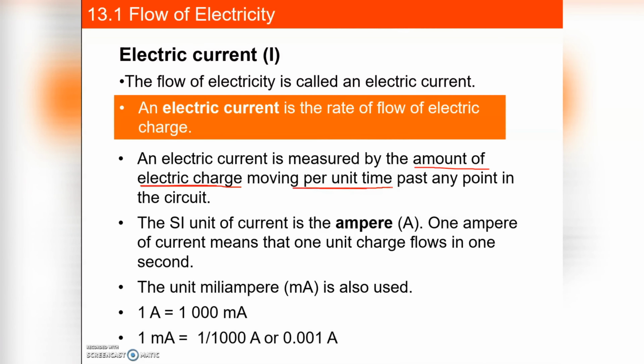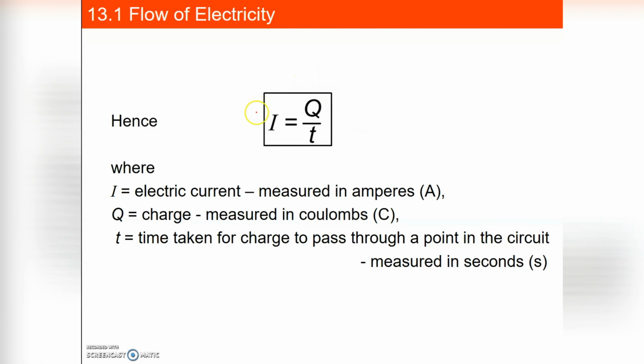Hence, we have this formula here, I equals Q over T, where I is the electric current measured in amperes, Q is the electric charge measured in units called coulombs, capital letter C, and T is the time taken for the charge to pass through a point in the circuit, and it is measured in seconds. We're going to use this formula, I equals Q over T, to do a worked example next.